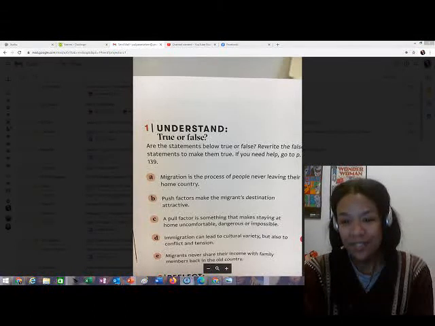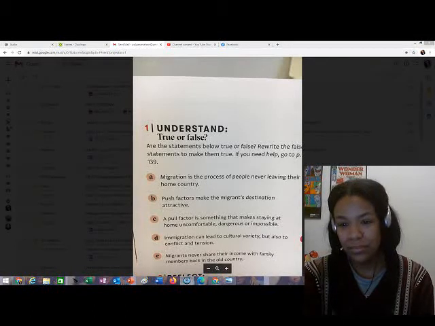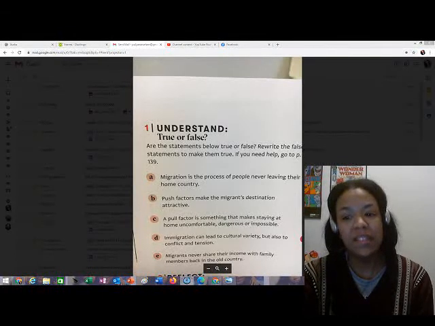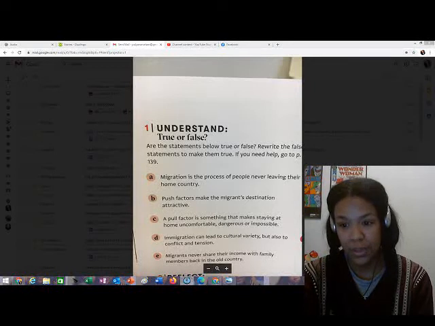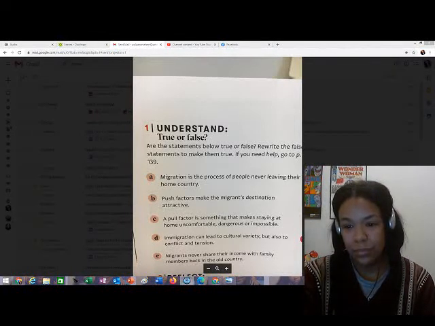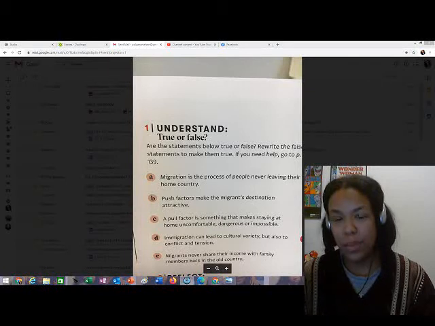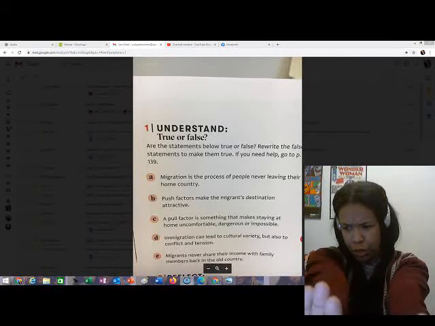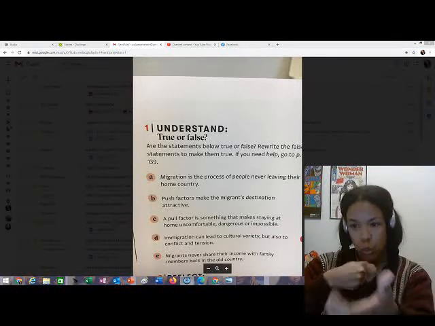Letter C. A pull factor is something that makes staying at home uncomfortable, dangerous, or impossible. True or false? So remember, if you think about the verbs, and we've talked about that, push away, and pull towards you.